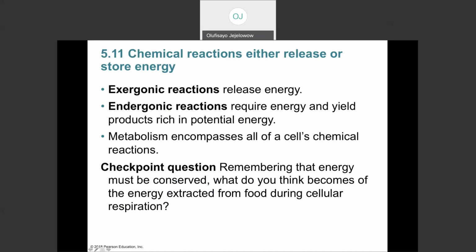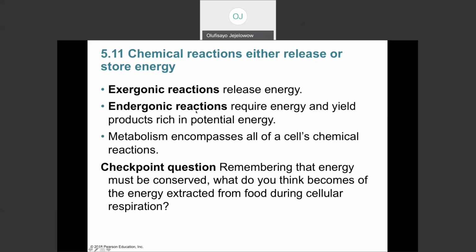So we define a chemical reaction as exergonic if it releases energy, and as endergonic if it requires energy and yields products that are rich in potential energy. The products of an exergonic reaction would have less energy than the reactants. The products of an endergonic reaction would have more energy than the reactants.